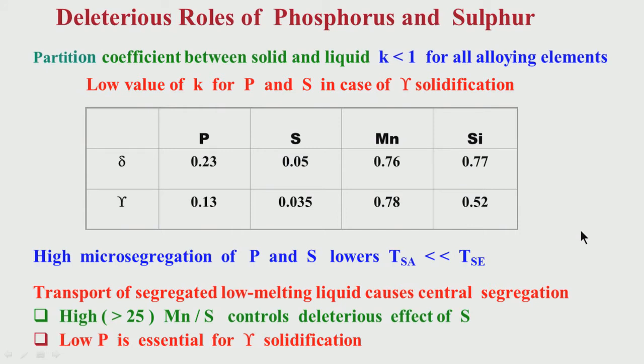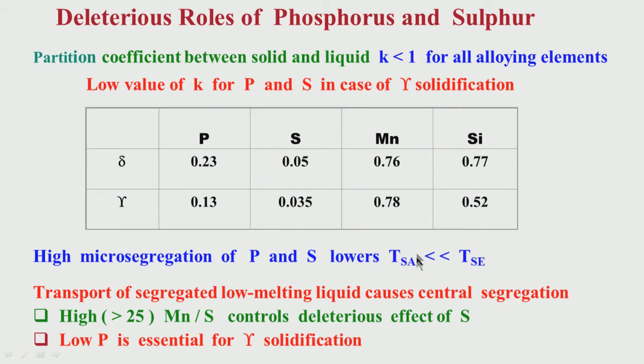So the deleterious effect of sulfur is taken care of to a certain extent, because if manganese were not there, then sulfur would have reacted with iron, forming iron sulfide, and the melting point of iron sulfide is quite low. So it causes lower TSA. Because of that, the effect of sulfur is quite perceptible when it is present as such, when manganese is not there.